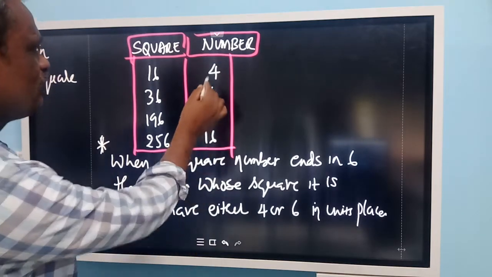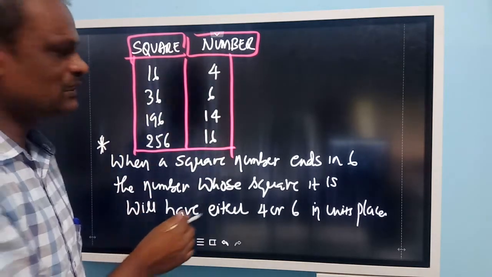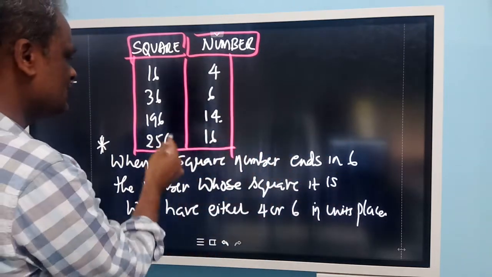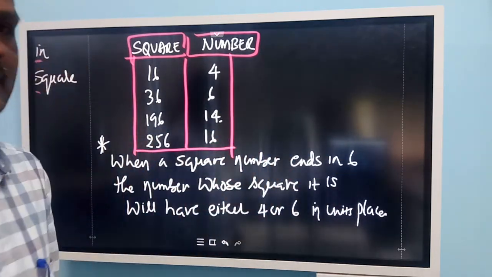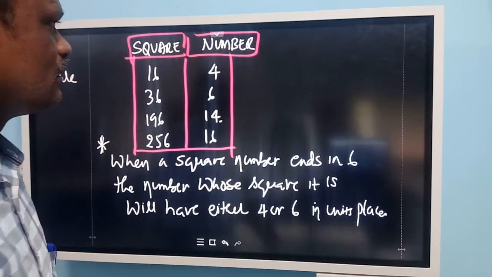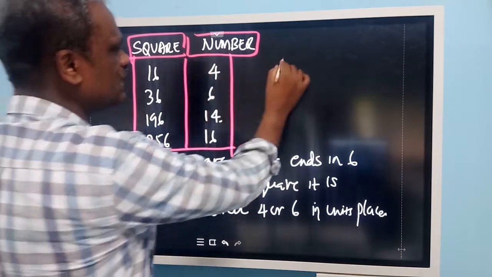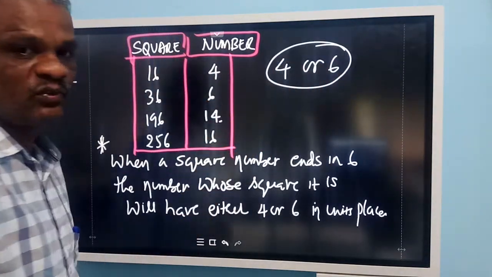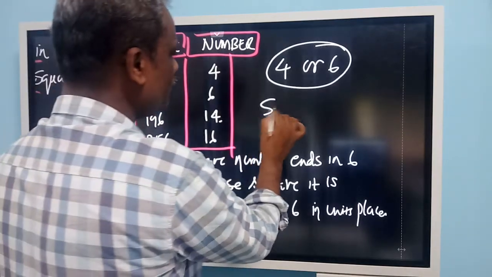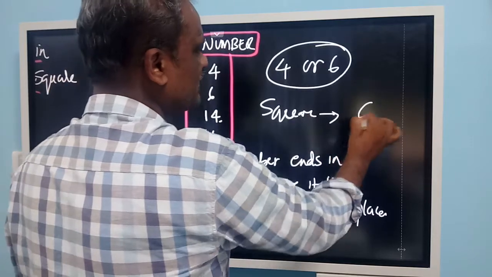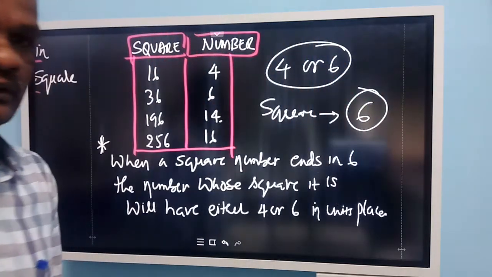The square of 4 ends with 6, the square of 6 ends with 6, the square of 14 ends with 6, the square of 16 ends with 6. If a number ends with either 4 or 6, then its square always ends with the digit 6.